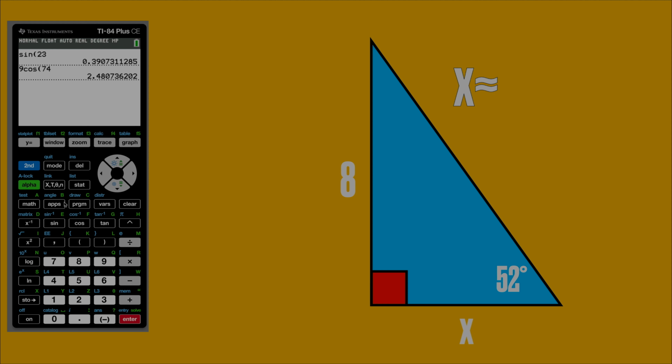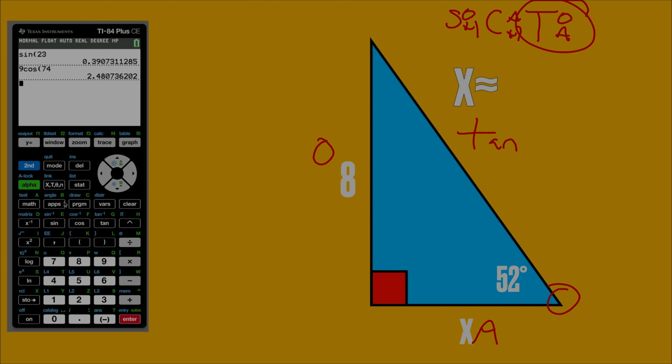Approximately. All right, let's try another one. From this angle, once again, we have opposite and adjacent, so SOHCAHTOA, and this is the one that we have: the tangent of 52 is equal to 8 over x.